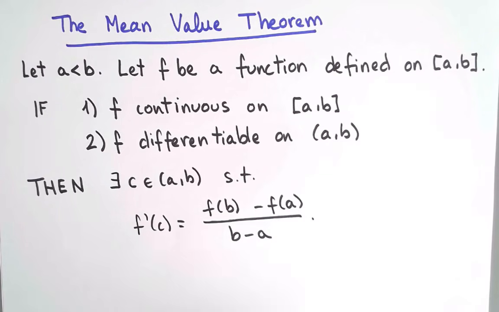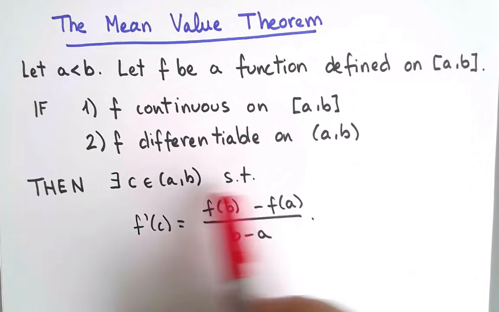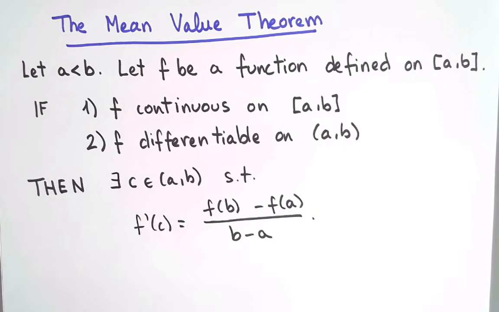As I had anticipated when I began this sequence of videos on the MVT, this theorem looks a little bit technical and not that exciting by itself. But remember, we don't care about this theorem for itself, but because it's going to allow us to prove a lot of nice consequences that will come later. Finally, I'll mention that like Rolle's theorem and like the intermediate value theorem, this theorem just tells me that there is at least one solution to this equation, but it certainly doesn't tell me how to find it. In the next video, I will present the proof.